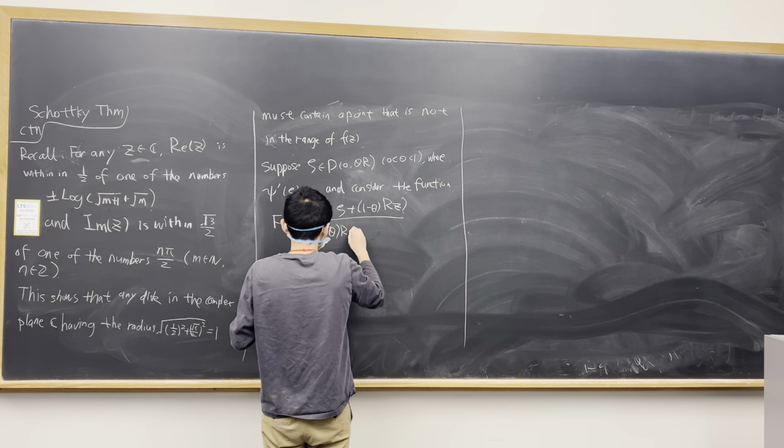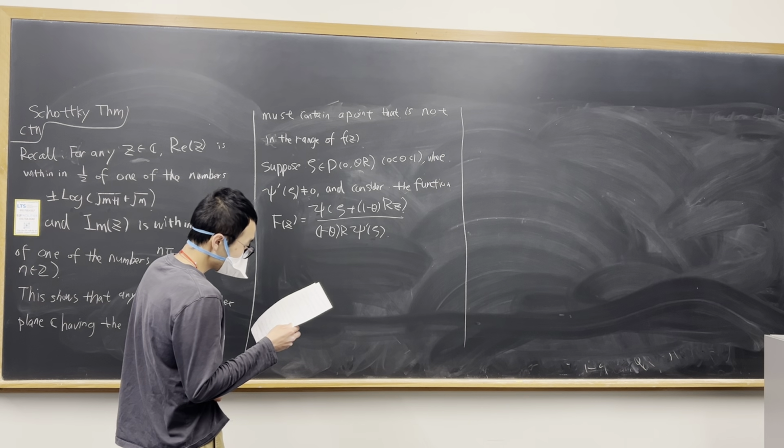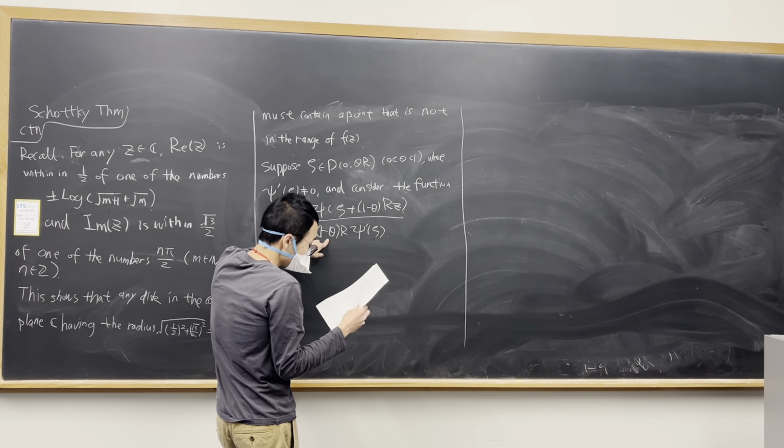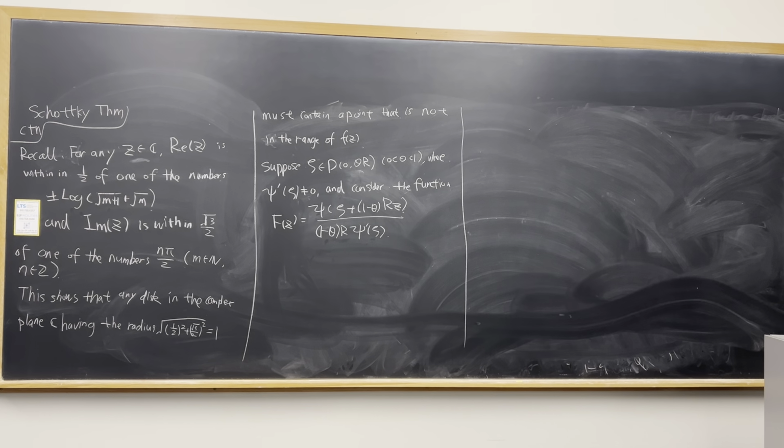So now, because this theta is between 0 and 1, right? And this R is the radius where this function is being defined, and then this phi prime of theta is not equal to 0.